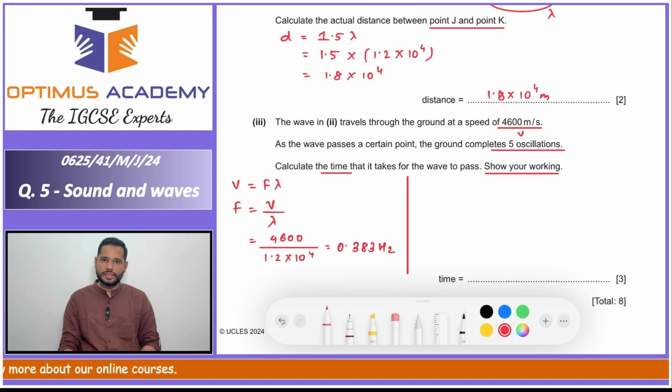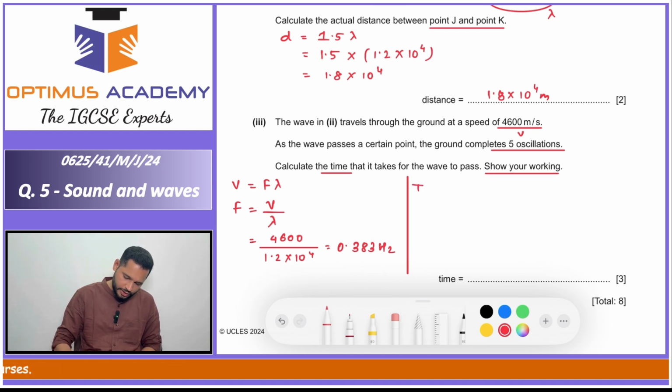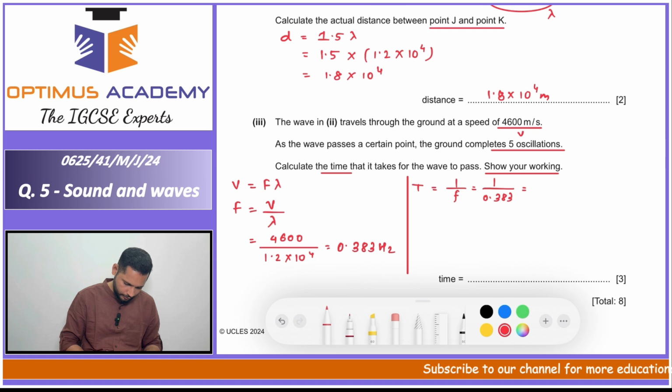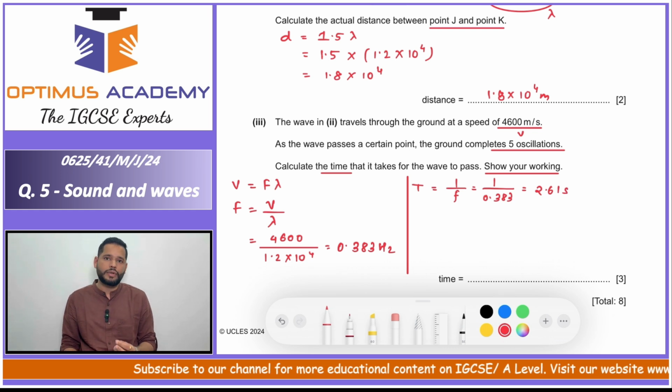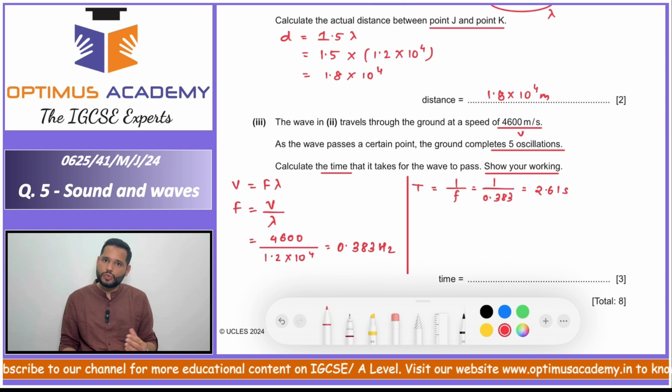Now based on this frequency, I can calculate the time period of the wave. So time period is going to be 1 upon frequency, that is 1 divided by 0.383, and the answer here is 2.61 seconds. So this gives me the time taken to travel for one wave, and one wave means one oscillation.